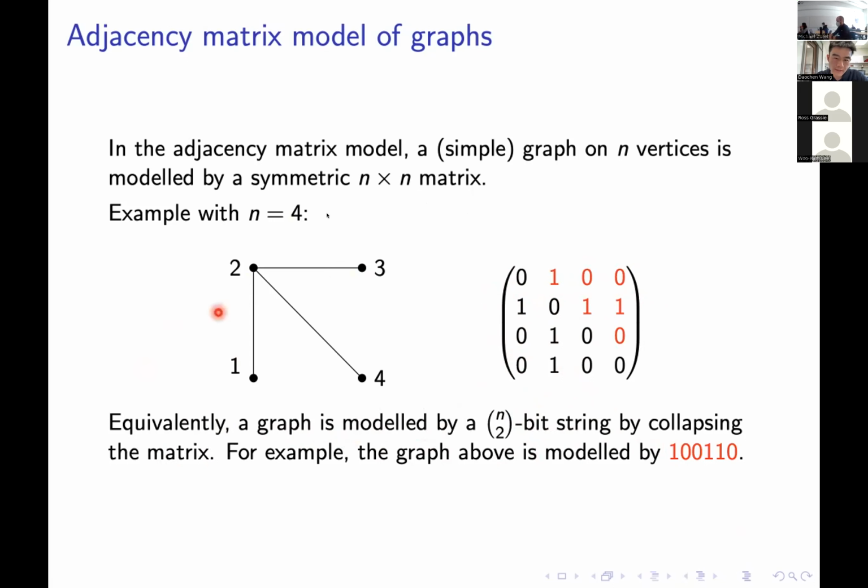So this graph as a bit string would be modeled by 1, 0, 0, 1, 1, 0. That is, I just concatenate the first row in red, the second row in red, and the third row in red. To be completely clear, the second bit indicates, for example, whether edge 1, 3 is present. And in this case, 1, 3 is not present. That's why it's a 0.